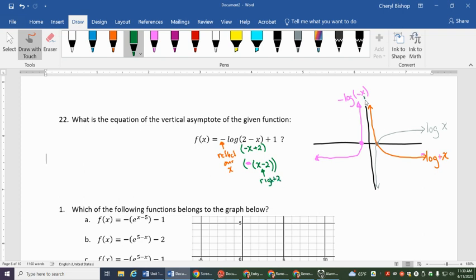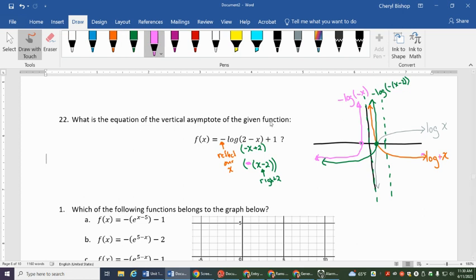So it's going to take my vertical asymptote that I already have, and this point right here, and move both of them over 2 units. So my vertical asymptote's going to move to here, and my graph is going to move to here. This is negative log of -x minus 2.